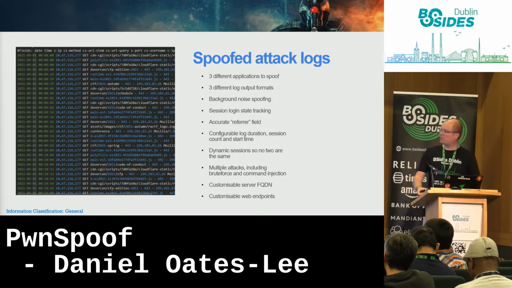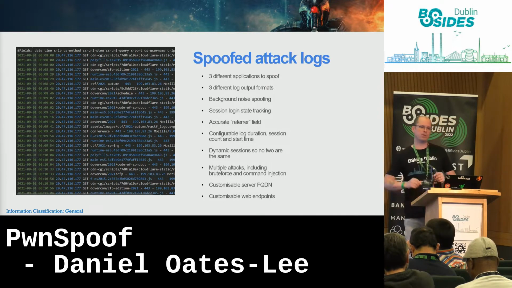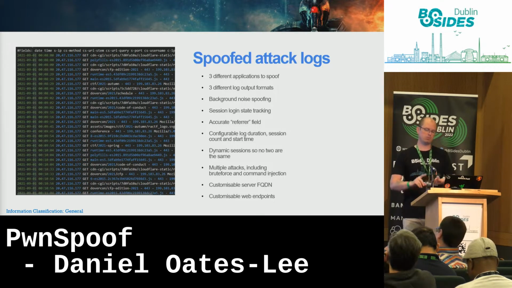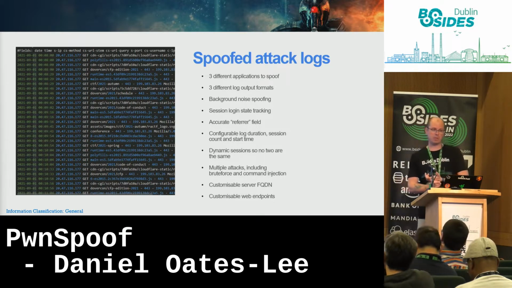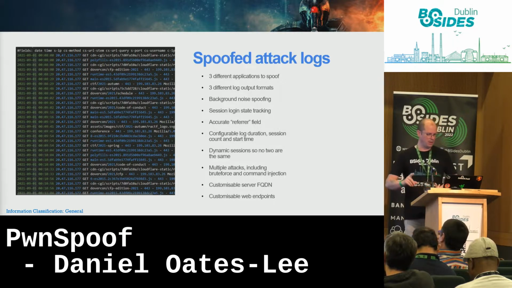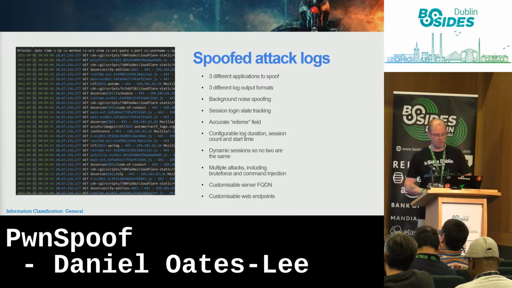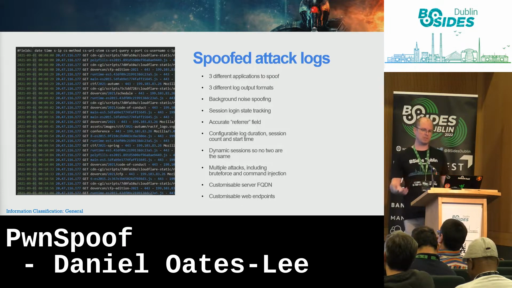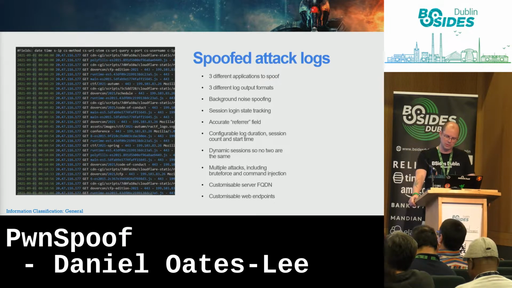Inside the logs we've created 3 different types of applications to be spoofed. We've got a fake banking app, a generic website, and we've also outputted a WordPress server. We then configured the Python script to be able to output in IIS, Nginx, or Apache log formats, because obviously there's lots of different web services and people need to be able to collect the logs.